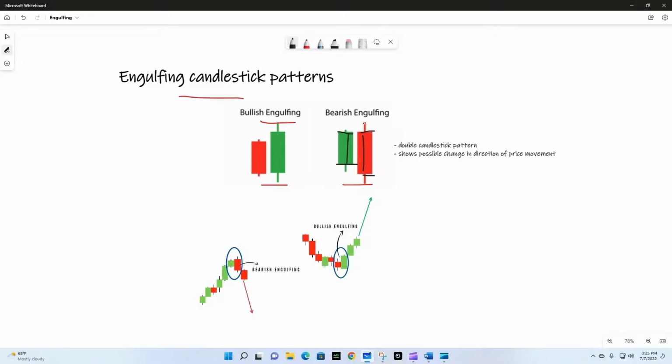The second bar opened up here and closed down here. So the price action of the second candlestick has totally shifted from the first. The market was going up, closed here, then opened, shifted, and closed below. In the bearish engulfing candlestick pattern, the second bar has completely consumed the first bar, and that is why it's called an engulfing candlestick pattern.